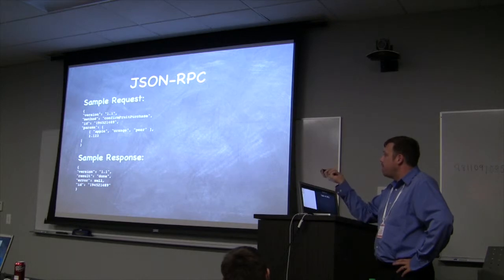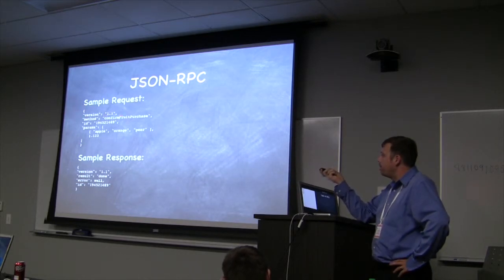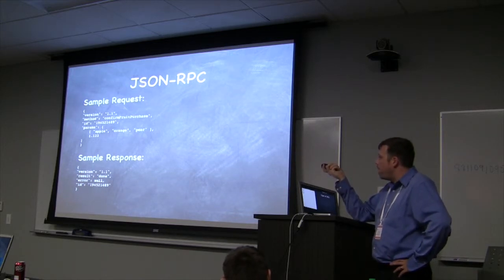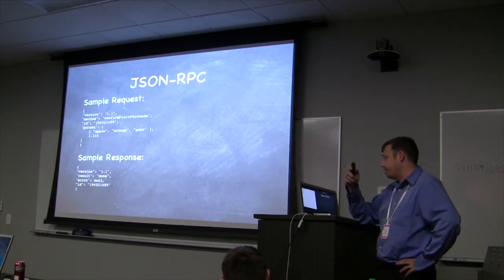Sample request. I'm going to build a JSON object. I'm going to pass in my version, my method, my ID, and some parameters. For my response, I'm going to get back my version, my result, my error, and an ID. Now, you might be asking, why do I have some of these extra parameters here?